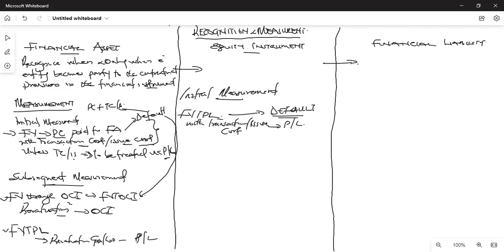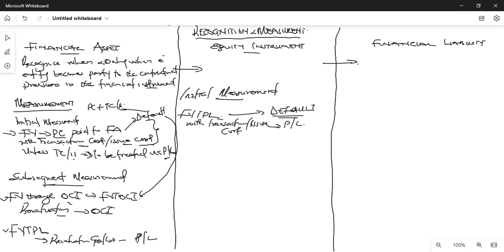Like we said, they will never be included within the initial recognition of the financial instrument. There will be an expense in the P&L, so they will not be included in the financial asset. Now, at the end of every year, it will be revalued again.